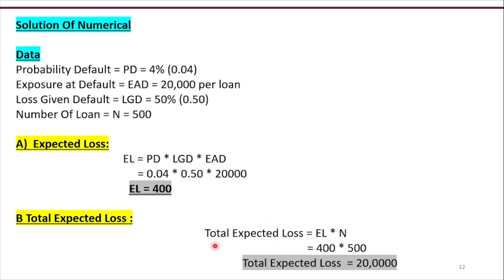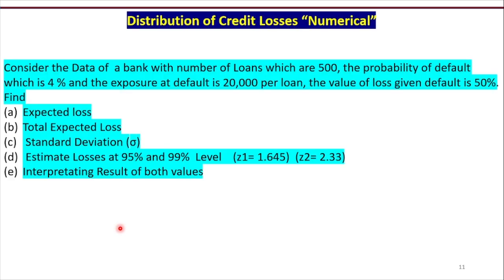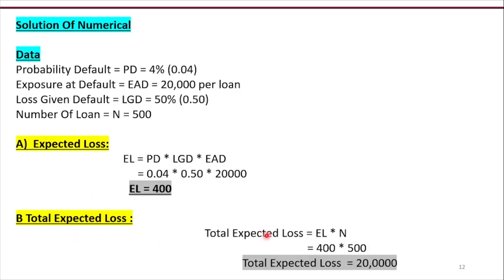You can see total expected loss at number B. Total expected loss equals EL, the expected loss answer, multiplied by n, the number of loans. So EL is 400, n is 500. 400 into 500, we get total expected loss of 2 lakh.